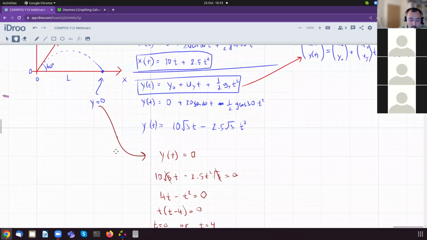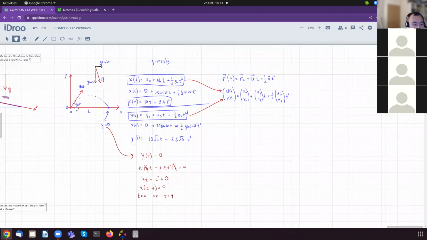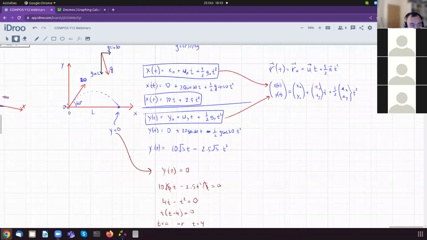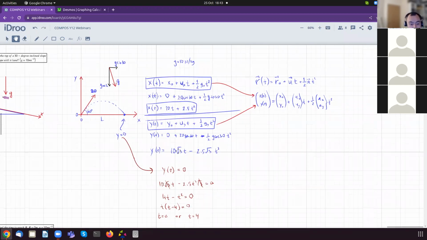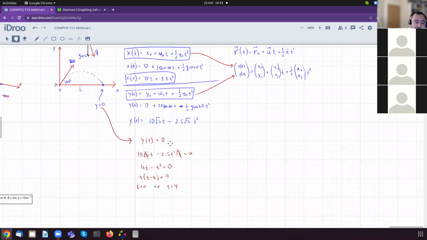Now, why do we have t equals 0? Well, because when t is 0, y is 0 because it's on the ground. Well, on the surface. So t is 4. And to find L, when t is 4, x is equal to L. T equals 4 seconds, and this is t equals 0 seconds.